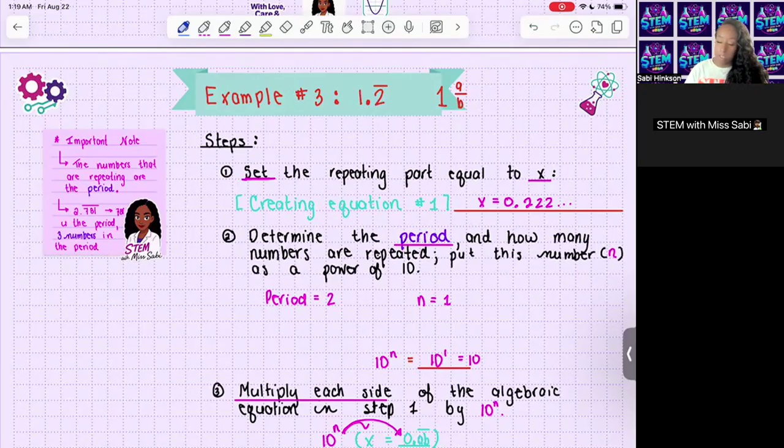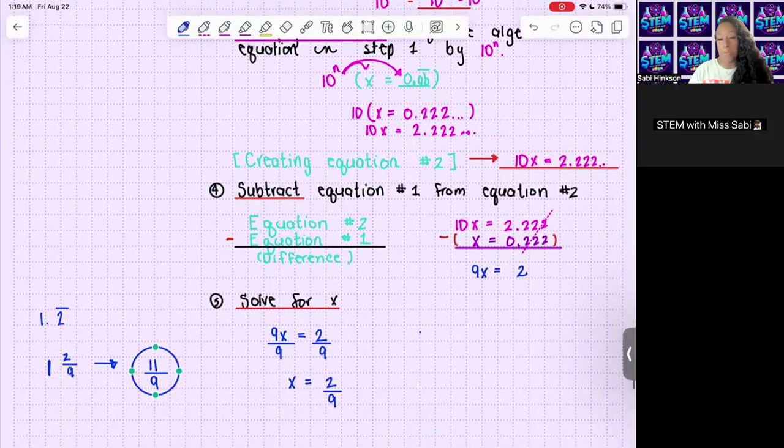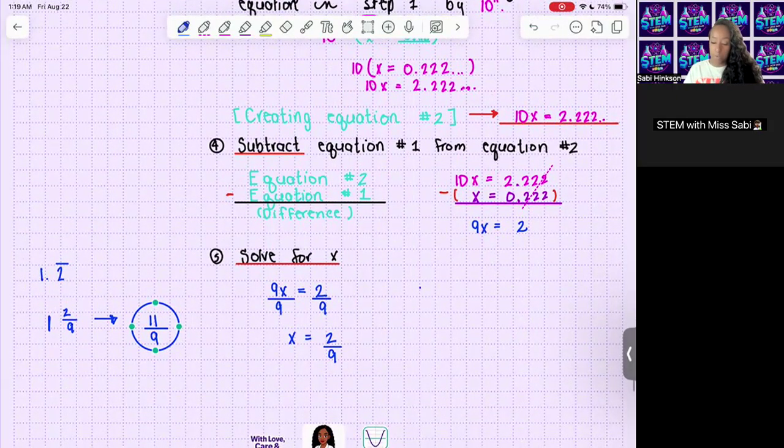So we did the technique to find out what the 0.22222 represents in fraction form. So that was 2 over 9. So our answer ended up being 1 and 2 over 9. And then again, I can convert that mixed number into an improper fraction. So we ended up with 11 over 9.